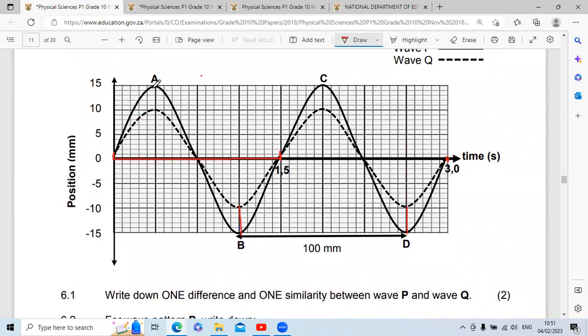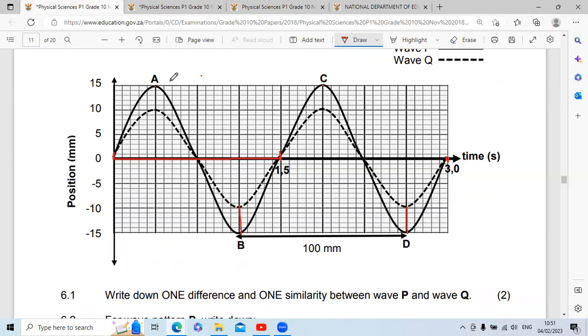So for P, when they say points are in phase, they usually mean that these 2 points have one wave between them. So if you look at C and A, these 2 points are in phase. And if you look at B and D, these 2 points are in phase because between B and D there's one full wave.